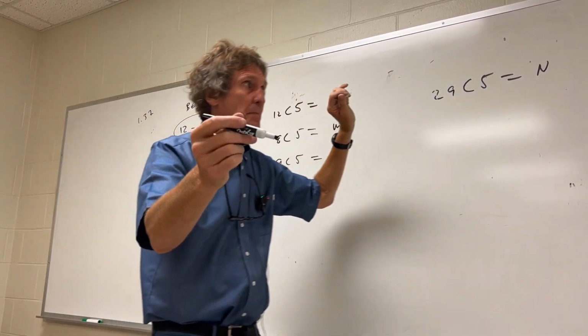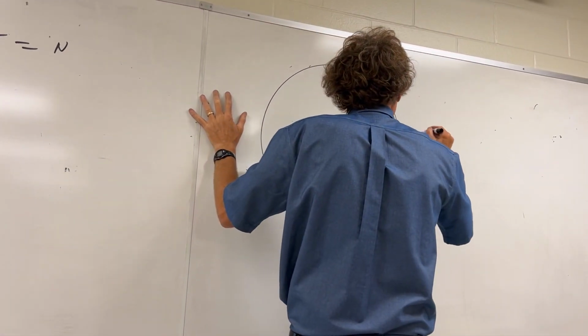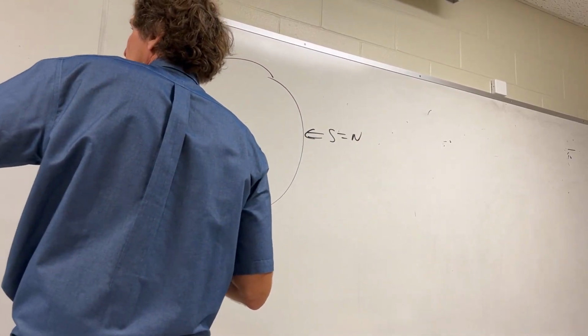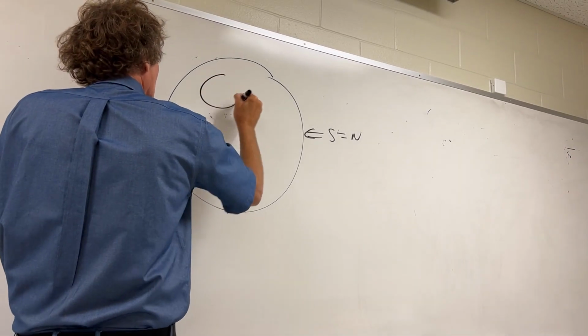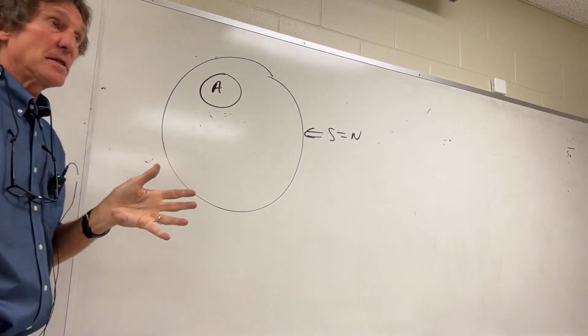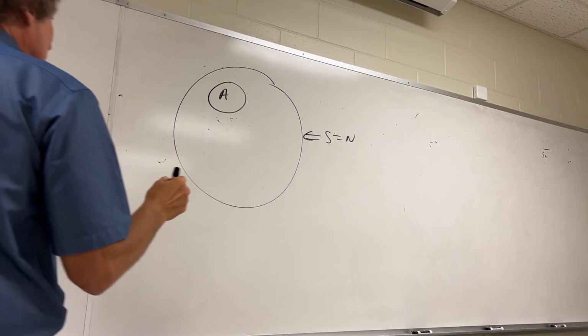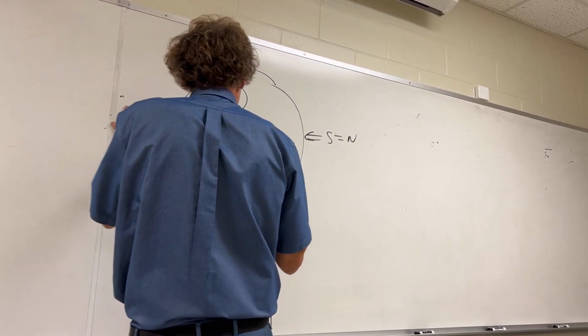Think of it this way. N is the set S, equal to N. That's the total number. Now when we look at this one right here, that's A. It's separate from any of the others. Do you follow me? The next one is M, Mexican. It'll be here. And the last one is G, German.